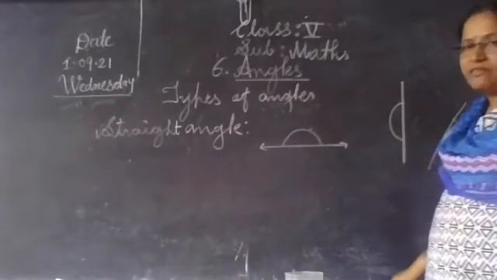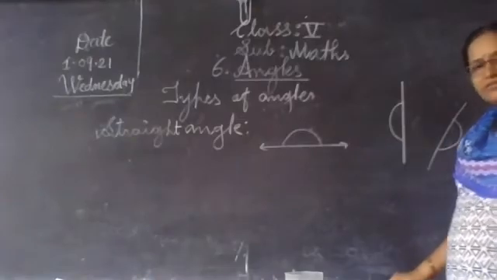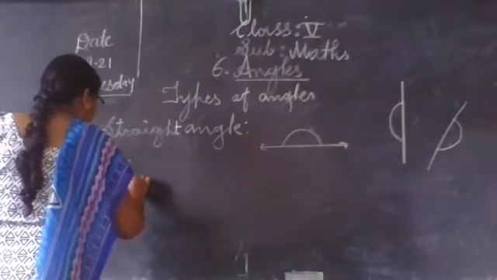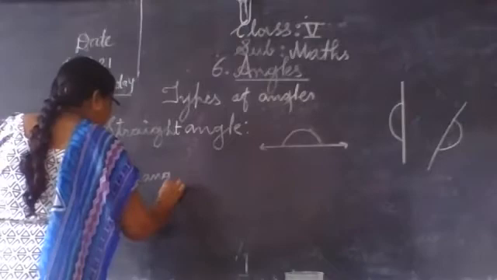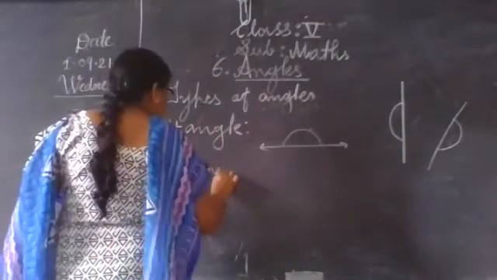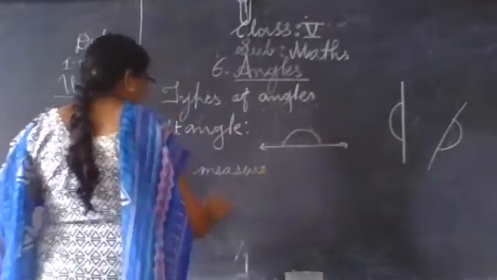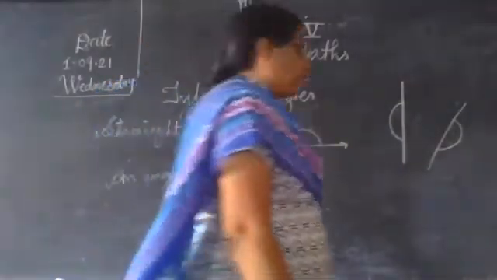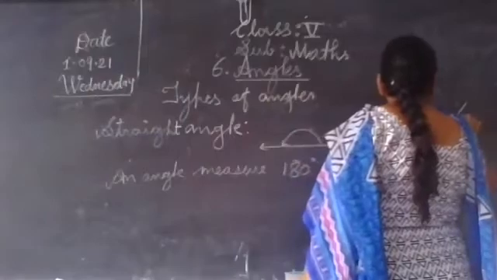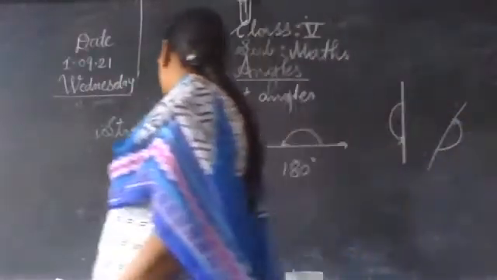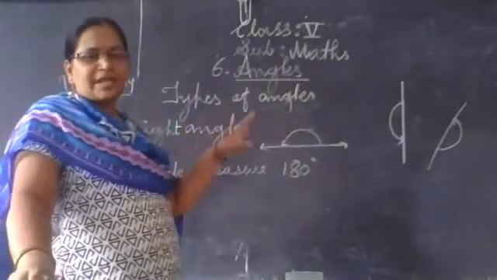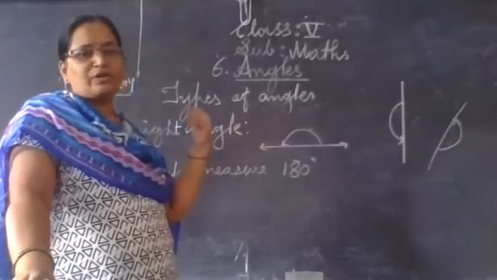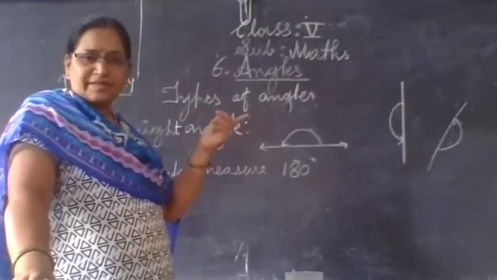In a straight line, 180 degrees is always formed. It is always exactly 180, just like a right angle is exactly 90, not less than 90 or more than 90.